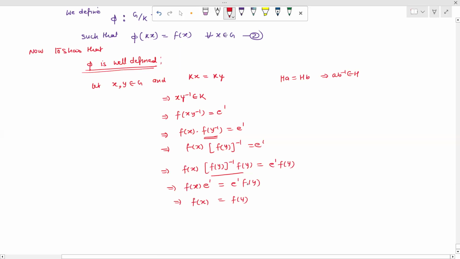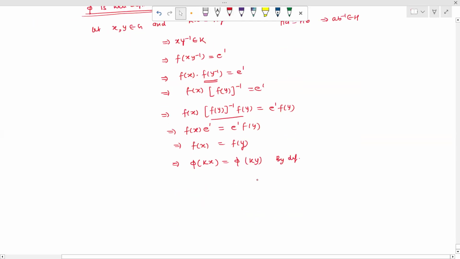So f(x) equal to f(y). What is f(x) here? We defined f(x) as phi of Kx. So phi of Kx equal to phi of Ky, by definition. So we can say that function phi is well defined.